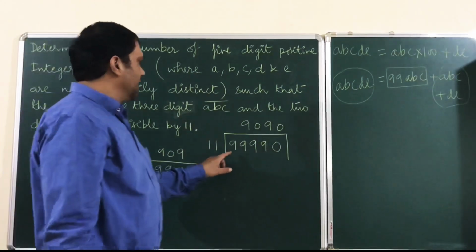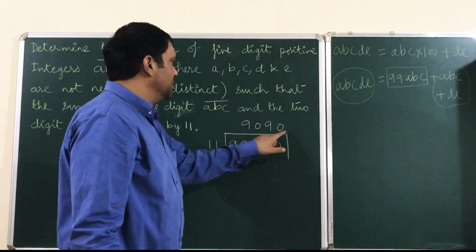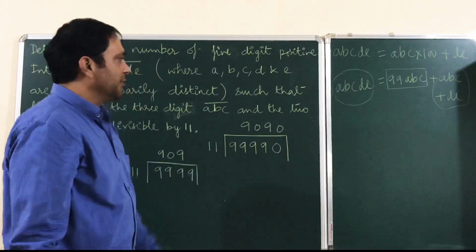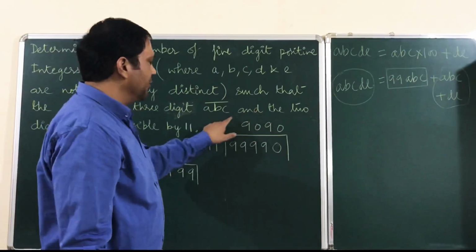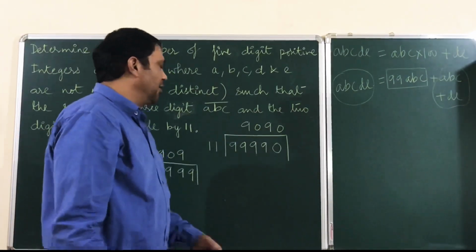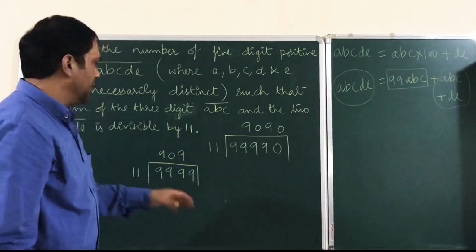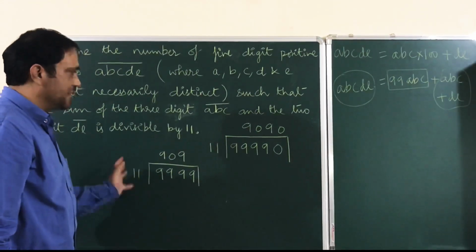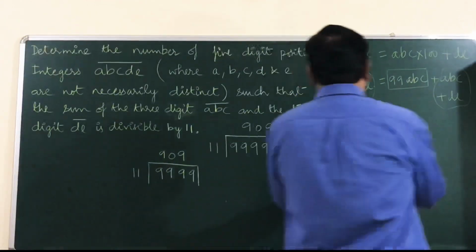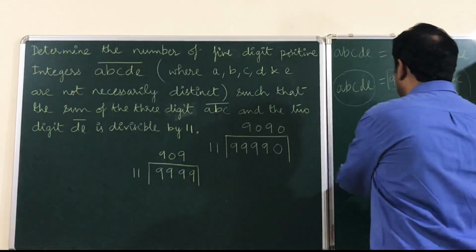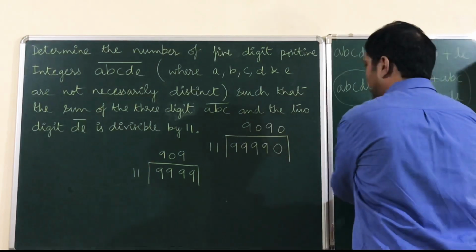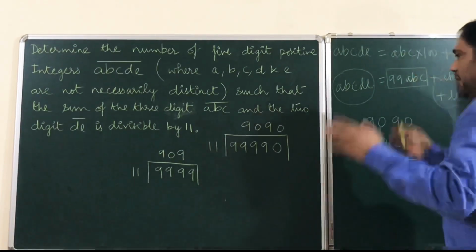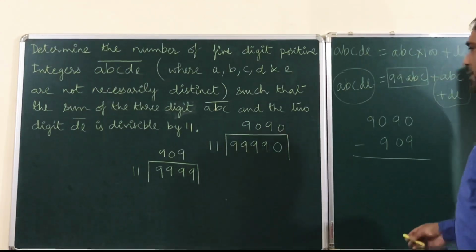And the 9090 are the multiples less than or equal to 99990, that is, 5-digit multiples of 11 or less, and these 909 are the 4-digit multiples of 11 or less. So if I subtract this 909 from 9090, we get exactly the 5-digit multiples of 11.